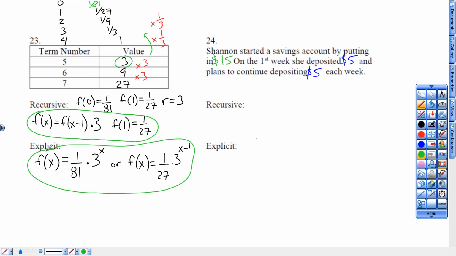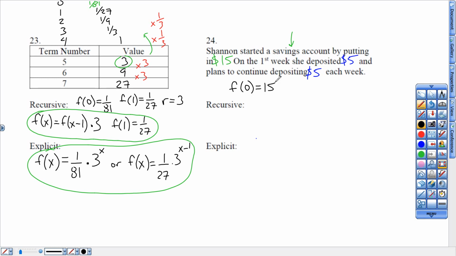All right, so a lot of fractions. This one is arithmetic. Putting money in the bank is not going to be timesing. It's not a percent. There's no percent in here. So that means that initial deposit, that putting $15 in the bank, that is your 0 term, or how much money you have even before anything started.